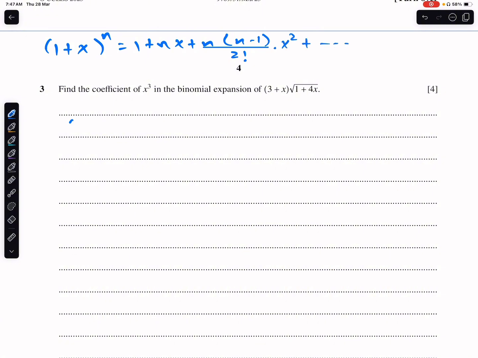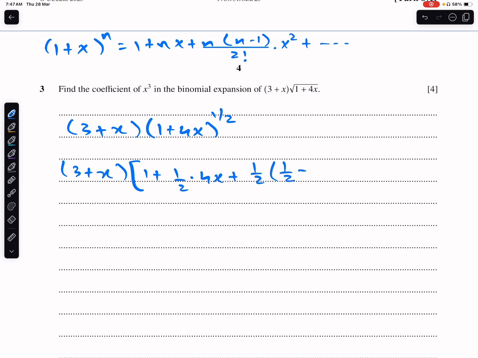So simply write 3 plus x and then 1 plus 4x to the power 1 over 2. Then 3 plus x, 1 plus nx plus n into n minus 1 over 2 factorial, which is 2, and then 4x square.